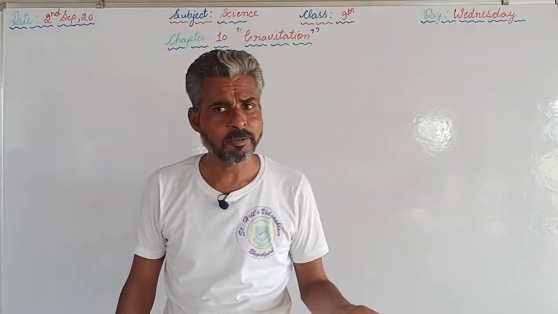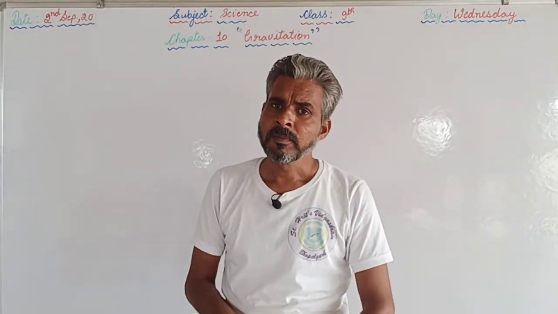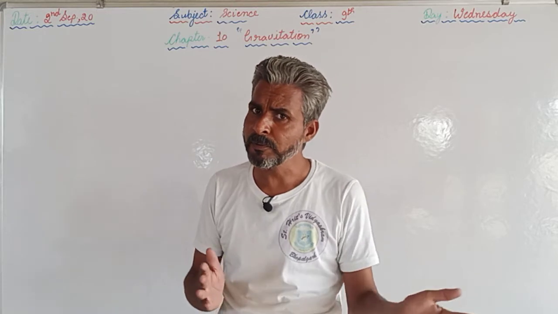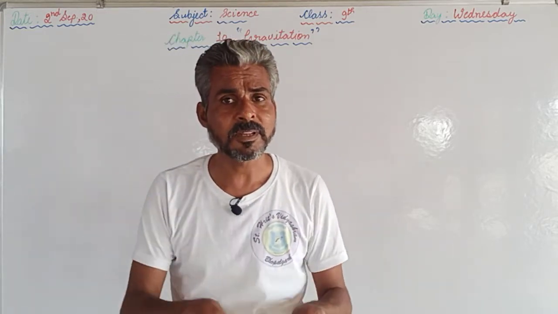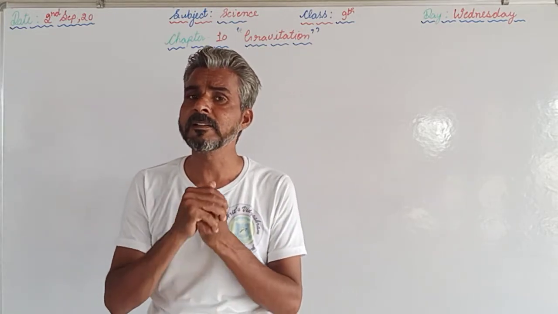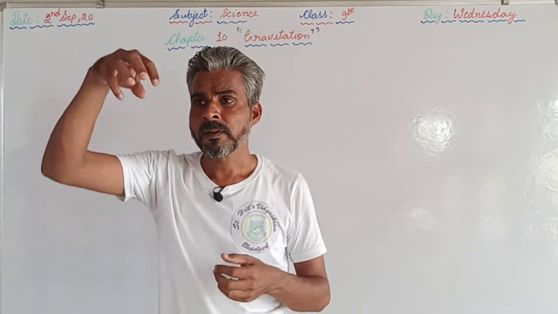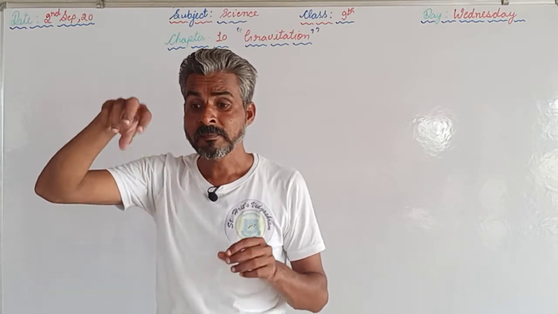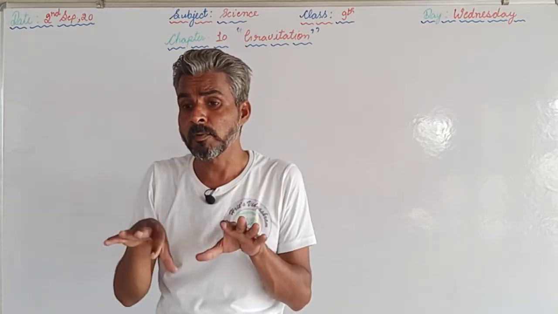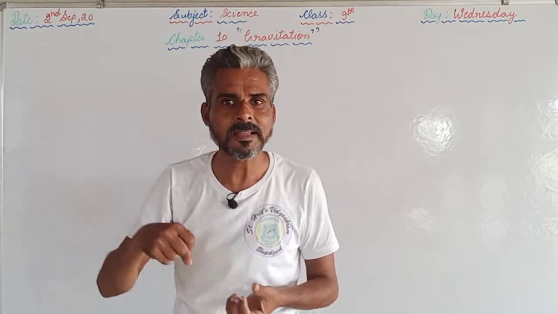At the same time we have also discussed free fall. What is free fall? Free fall is the state in which the object is moving under the influence of Earth's gravitational field only. If we are holding one ball and we release that, then the ball will now move downwards. Why is it moving downwards?